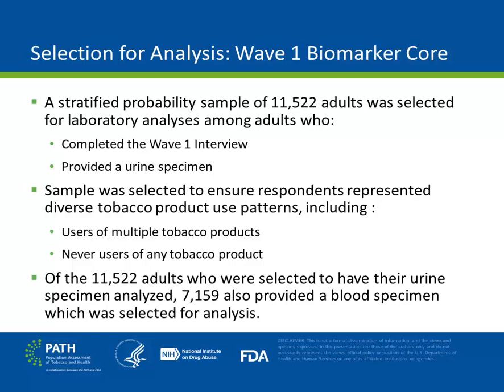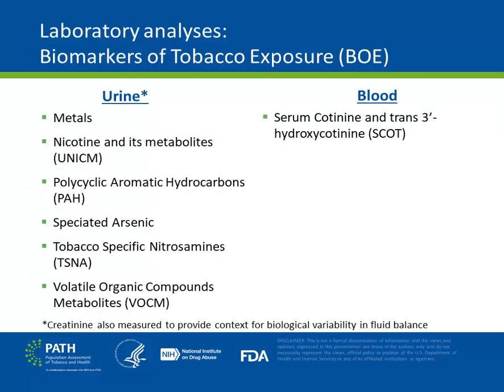Of the 11,522 adults who were selected to have their urine specimen analyzed, 7,159 also provided a blood specimen which was selected for analysis. Numerous biomarkers of exposure were measured in the biospecimens.